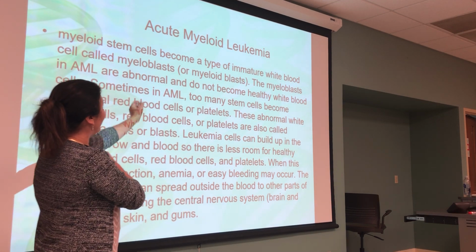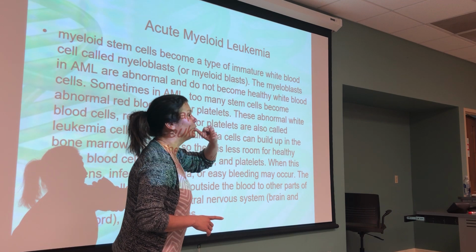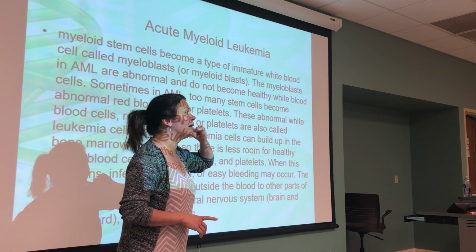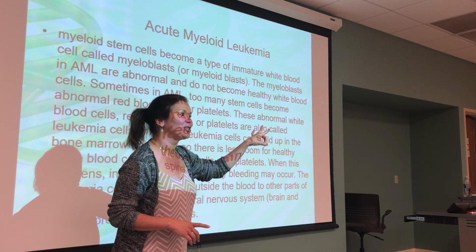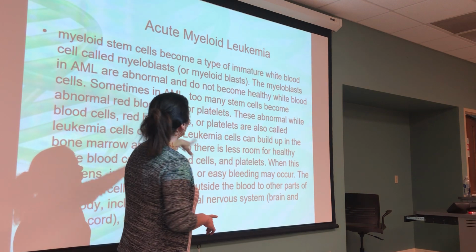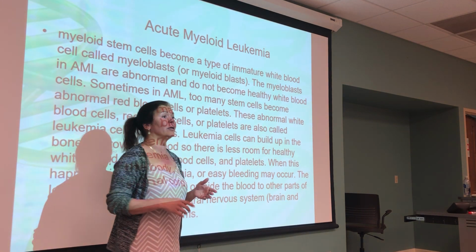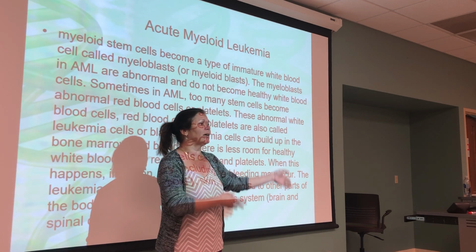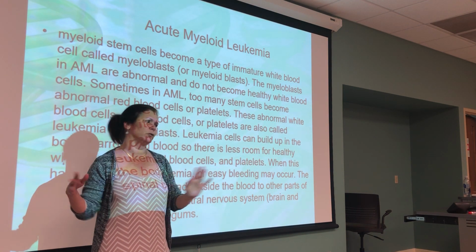Acute myeloid leukemia, first of all, I want you to remember the M. The M is for middle age. Okay? So, most commonly in middle age, some books say 50 to 70, other books say 40 to 50, it doesn't really matter.